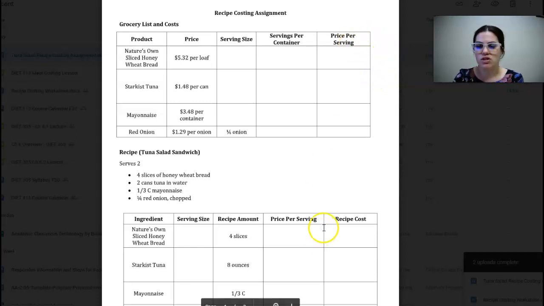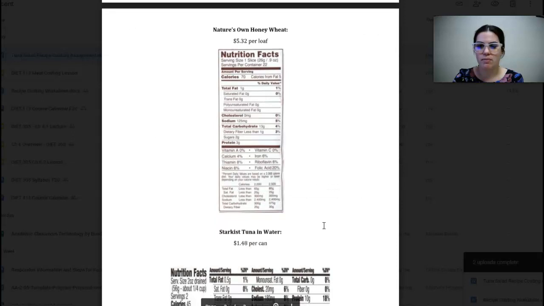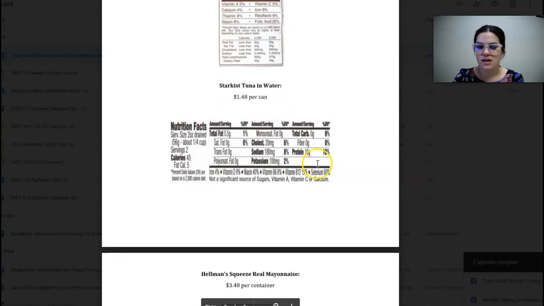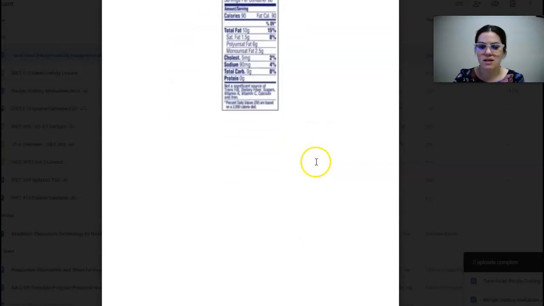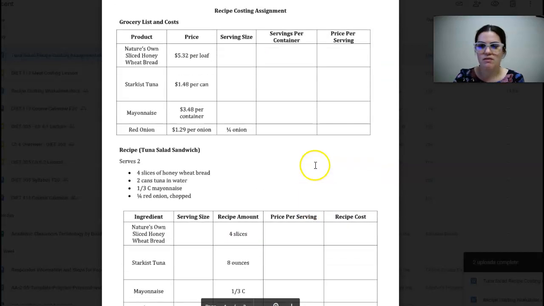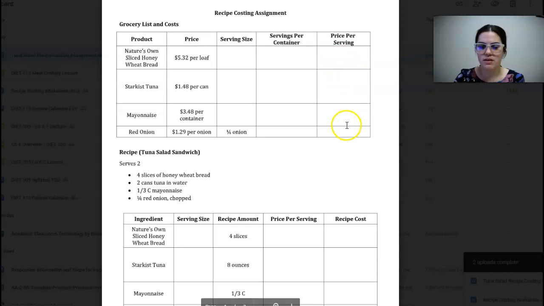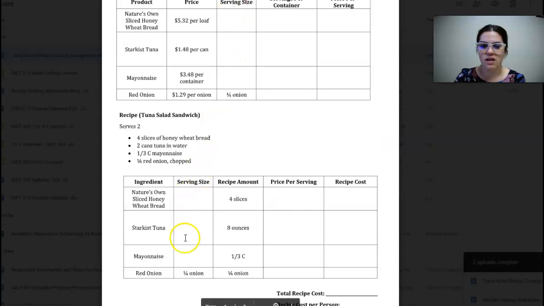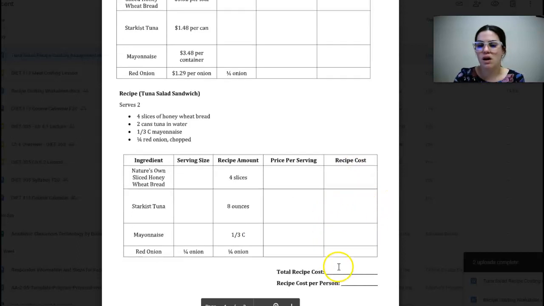You are going to use the food labels that are attached on the back, as well as the price, to estimate first the price per serving. And then remember, you'll carry the price per serving down into this table. You'll also carry the serving size down into this table to calculate the recipe cost.